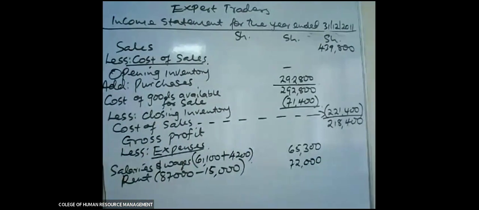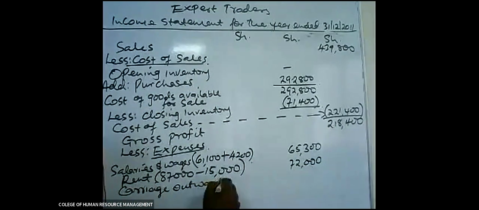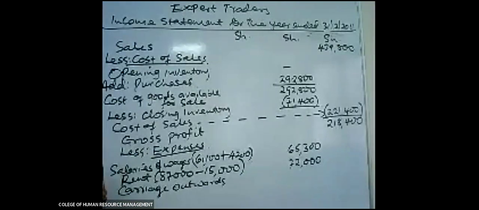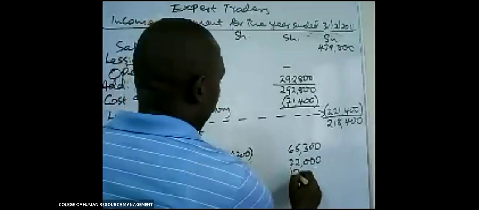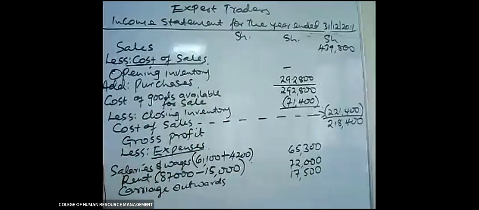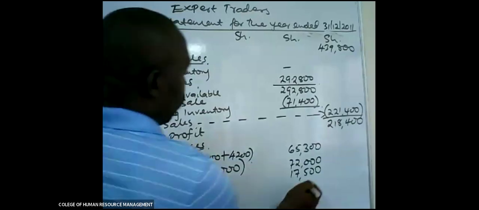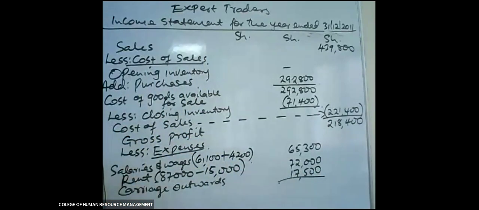Those are the only ones that require adjustments. If we have others, we capture them direct here. Carriage outwards is an expense, you take it the way it is, 17,500. There is nothing else. Capital, debtors, creditors, bank belong to the statement of financial position. Here, this is all. So that is the total expenses for that period.